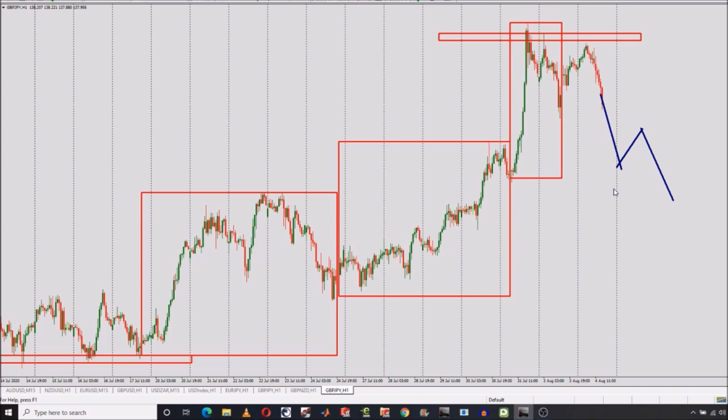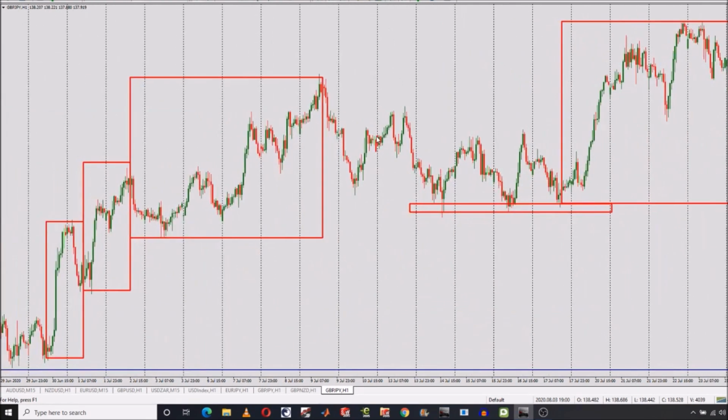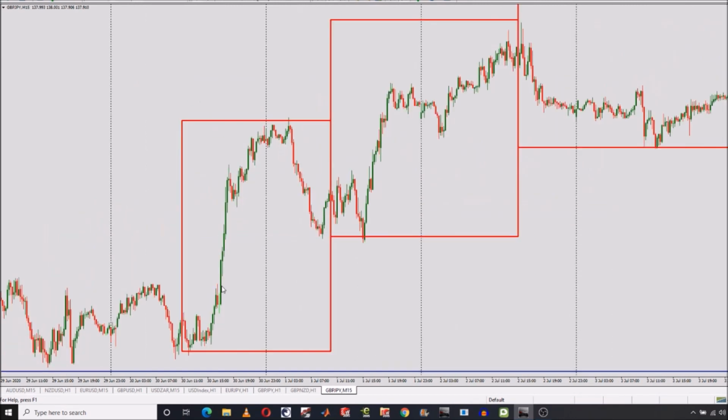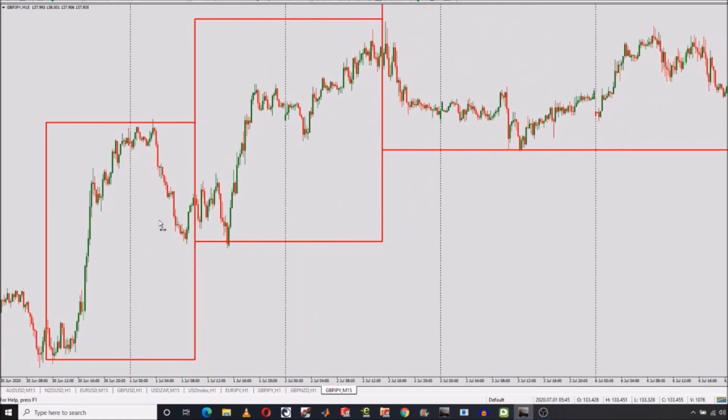So the main thing that this video is all about is to see how to deem an H1 level complete. The answer to that question is an H1 level is deemed complete after seeing 3 pushes on the M15 time frame.